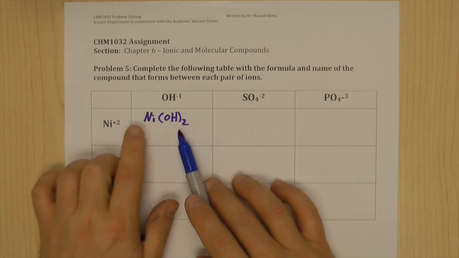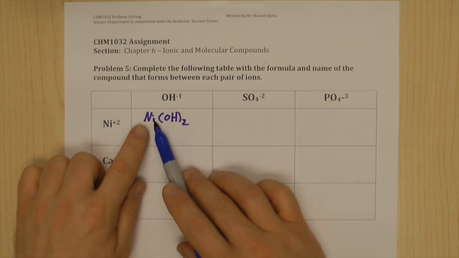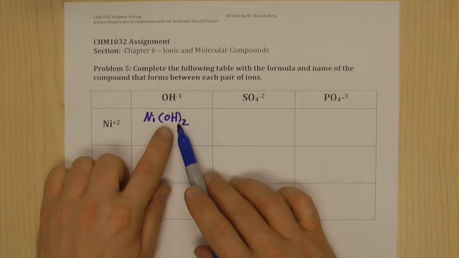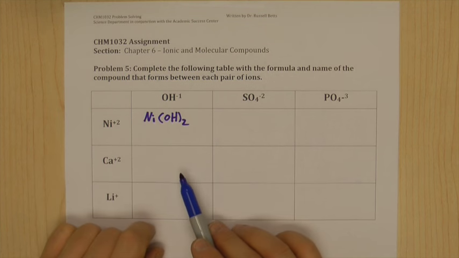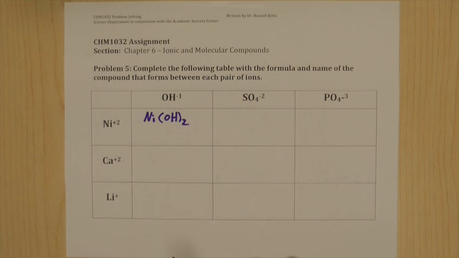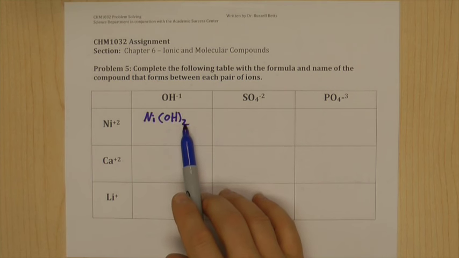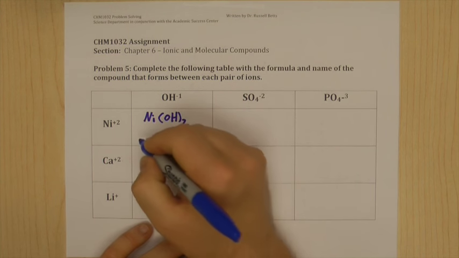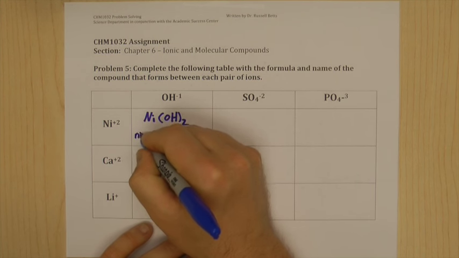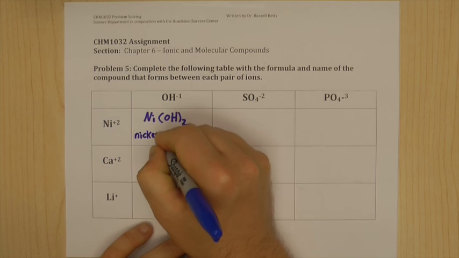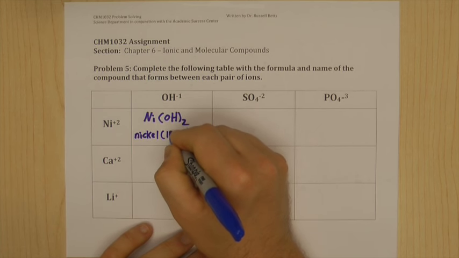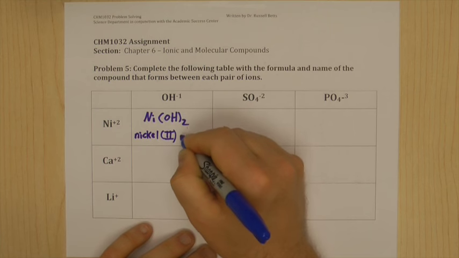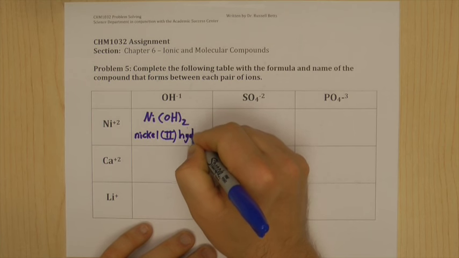They're telling me that in this formula I have 1 nickel cation and 2 OH anions. So you have to put parentheses around the polyatomic when you have more than 1, to indicate to the reader how many you have. So this will be called nickel(II) hydroxide.